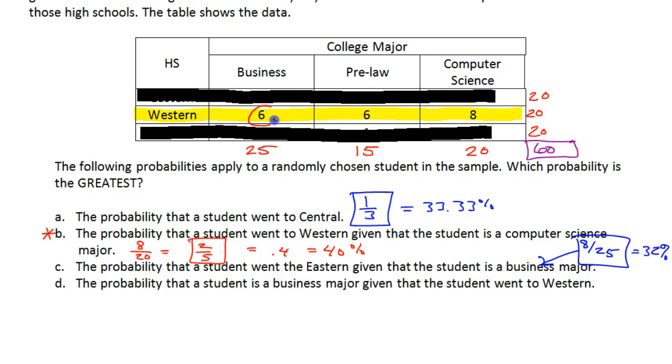This is the number that represents business major, so that's 6 out of something. 6 out of a total of 20 students in this yellow universe.